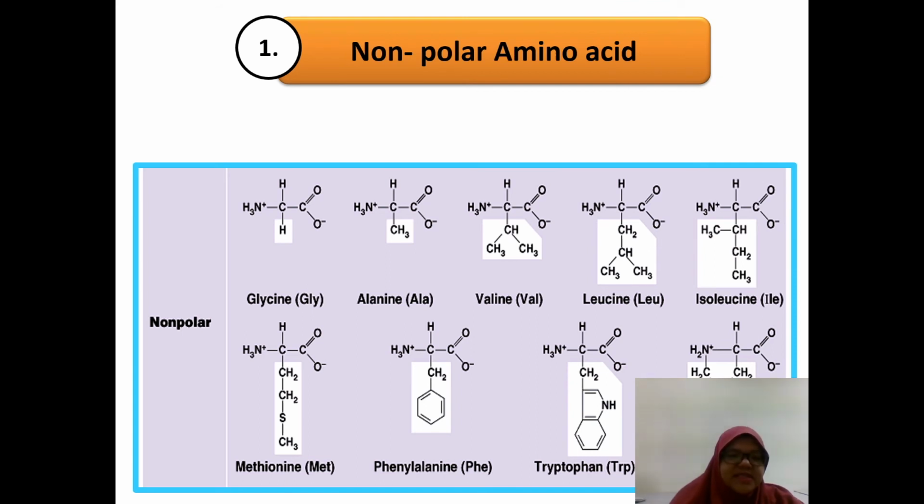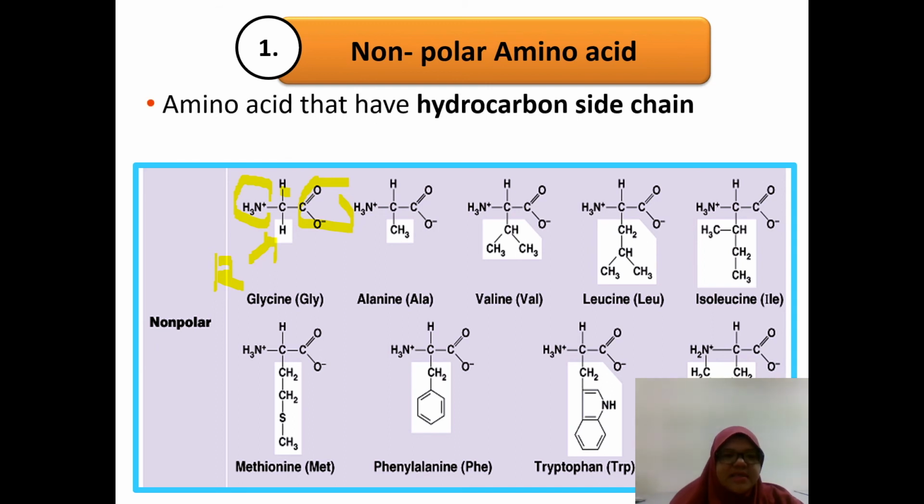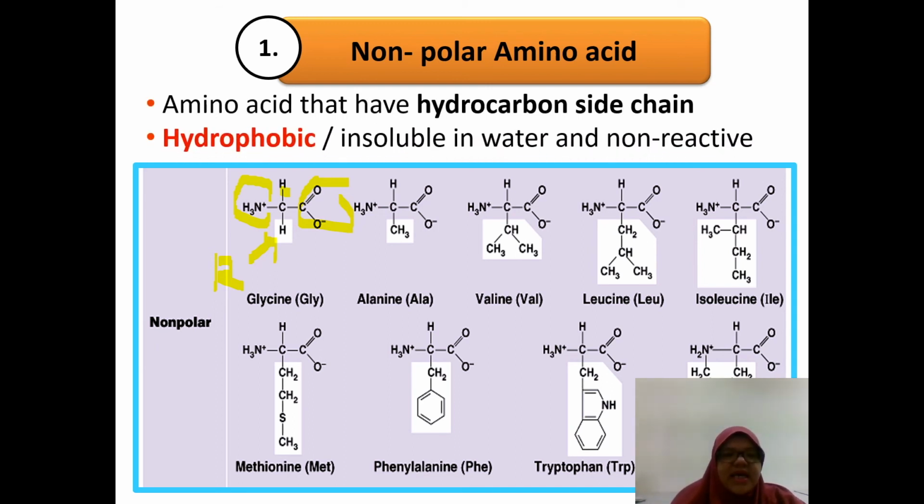Referring to the side chain, remember an amino acid has a central carbon attached to an amino group, carboxyl group, hydrogen atom, and this is the R, the side chain. For non-polar amino acid, the side chain is a hydrocarbon side chain, and it is hydrophobic, which is insoluble in water and non-reactive.